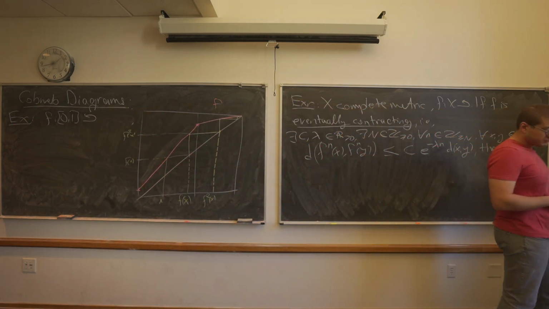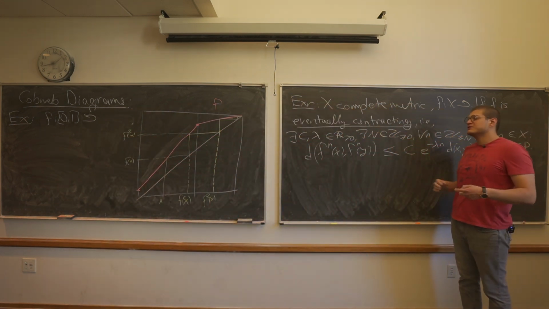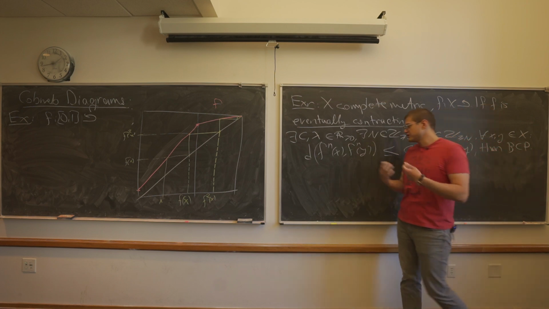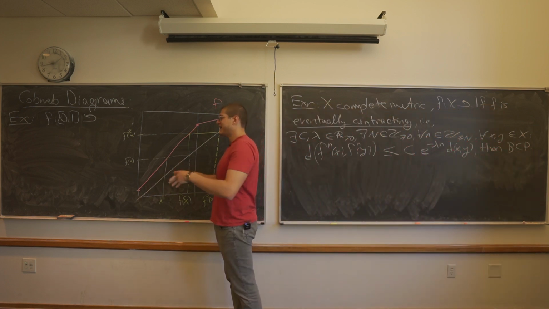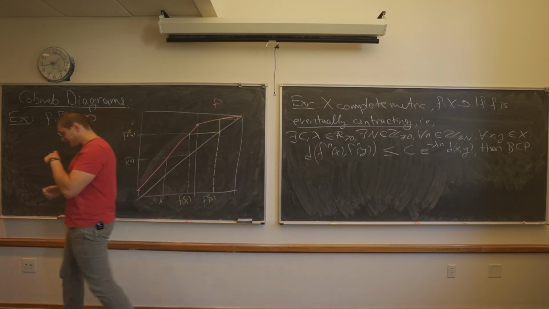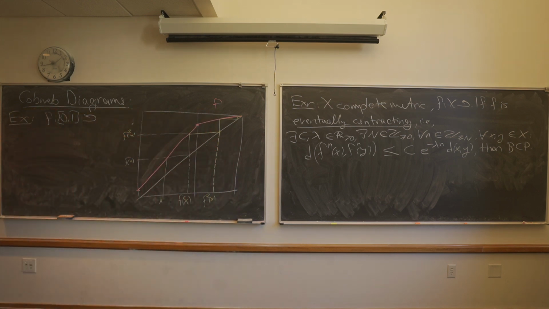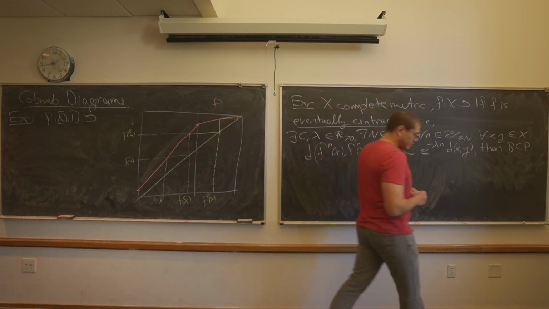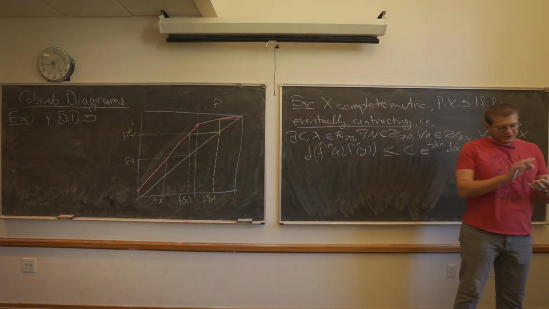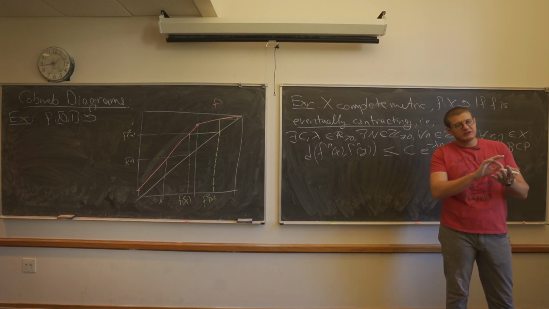There's also what is called continuous dependence on parameters, or continuous dependence on the dynamical system, which is this: we can start with a family of contractions. Each of them has a fixed point, and under certain circumstances, the fixed point of your dynamical system depends continuously on the dynamical system.